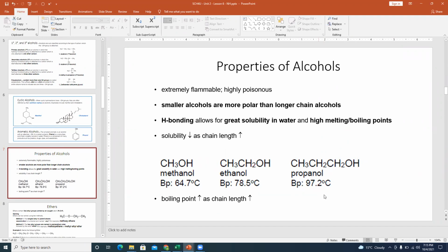And also how the length of the chain, how many additional hydrocarbons are attached to that hydroxy group, affects the melting point, the boiling point and the solubility. All of this has to do with intermolecular forces and hydrogen bonding. As the chain length goes up, the boiling point also goes up.